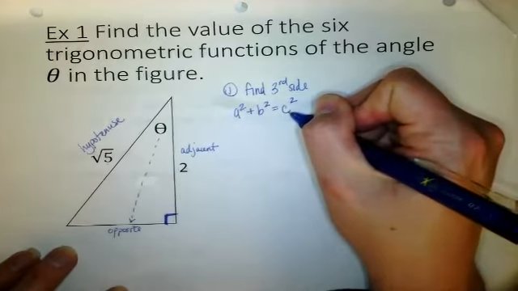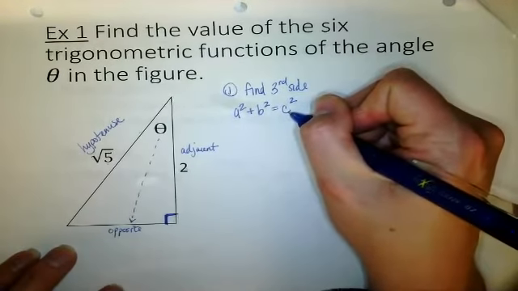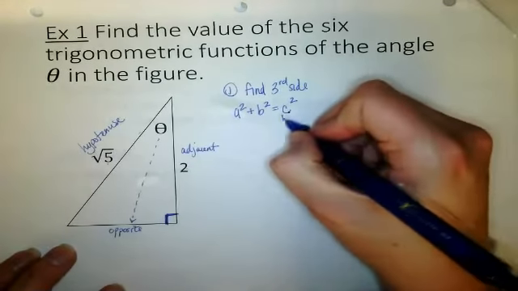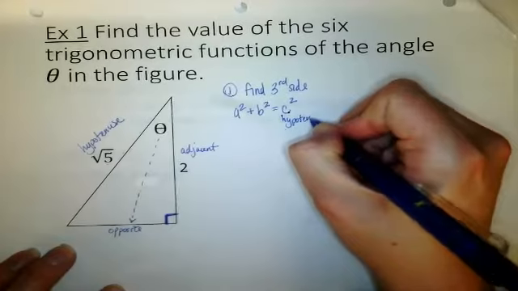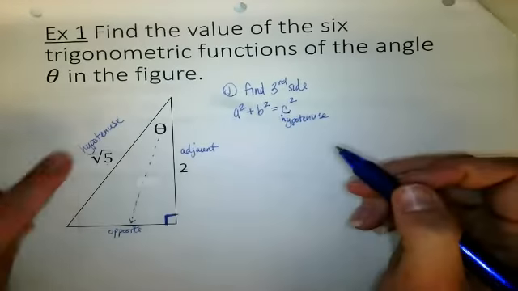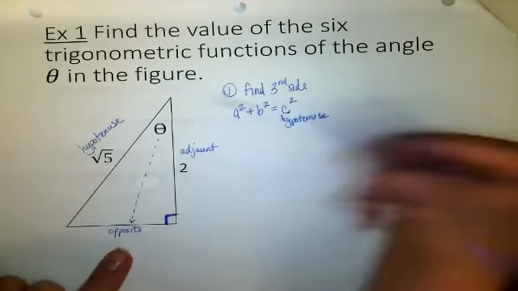What does c represent? Hypotenuse. Always. So make sure that you're always equal to the hypotenuse squared. We don't care about the other things.